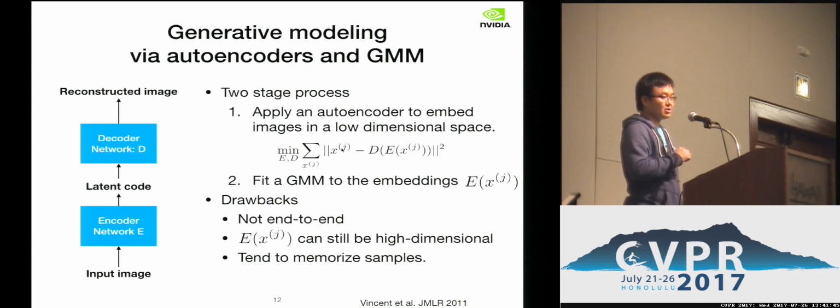The distribution modeling and the encoding are a two-stage process, so it's likely to be suboptimal. And often the embeddings are still in high-dimensional space, so it's still difficult for a Gaussian mixture model to learn the distribution. And autoencoders have been criticized because they sometimes tend to memorize samples in the training set. It means they will have difficulty generating samples that we haven't seen before.